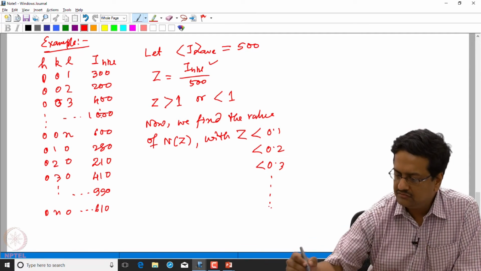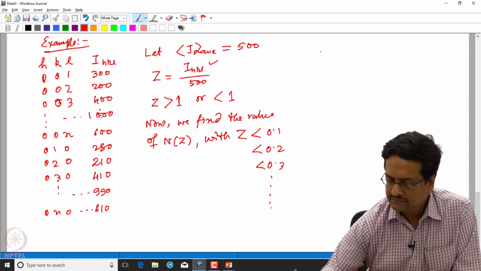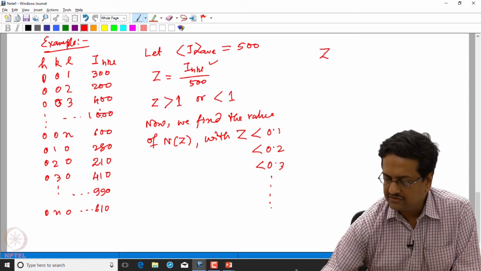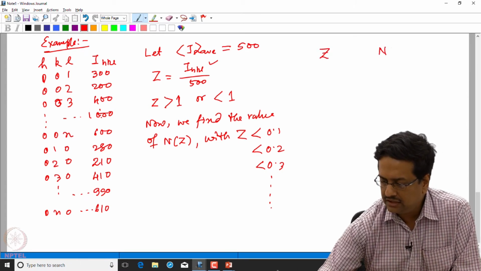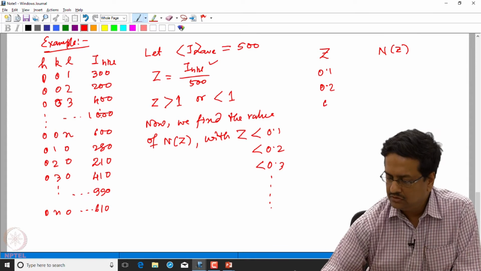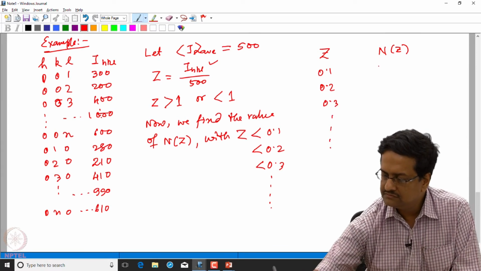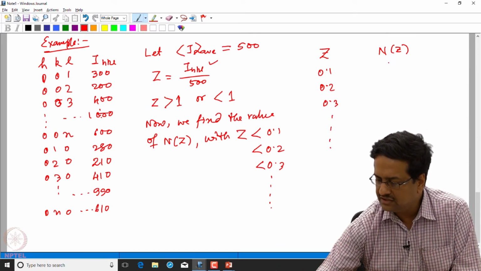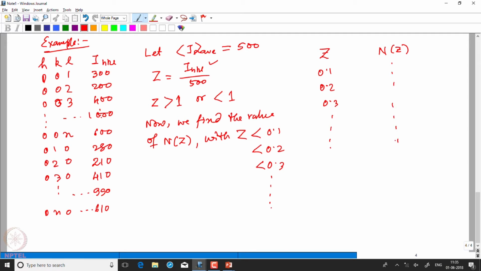So what we are getting is we have Z and NZ. Say for Z equal to 0.1, 0.2, 0.3 and so on, we have some numbers here, and then we plot those two quantities against each other and we end up getting a plot like this.